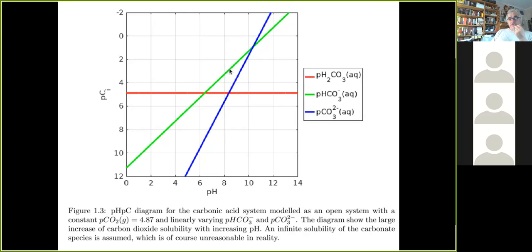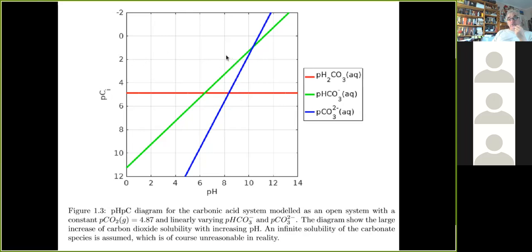concentration. So here, for example, at 8.3 or something like that, we see the concentration. So we should estimate that if there is an infinite supply of carbon dioxide from the surroundings, then the concentration of hydrogen carbonate in a lake water should be something like 10 to the minus 3 or even higher.